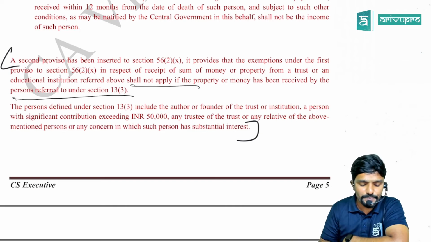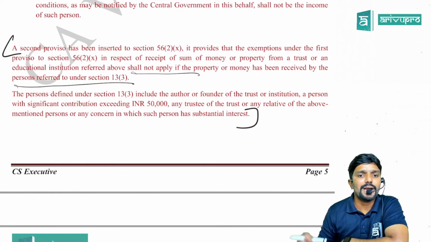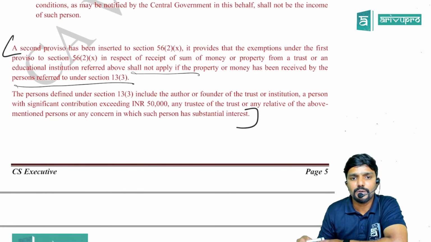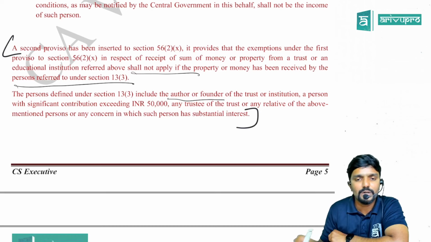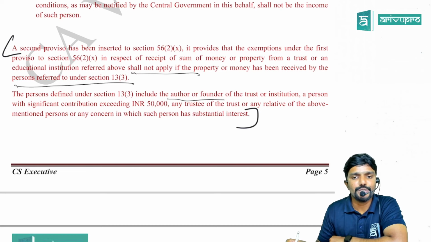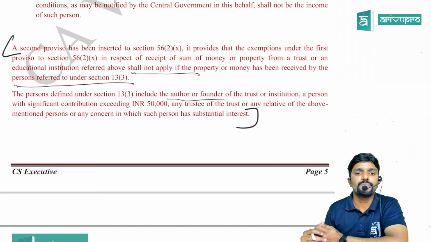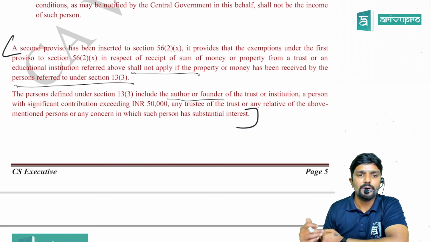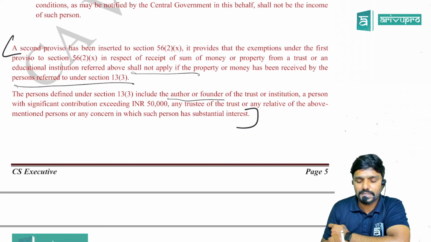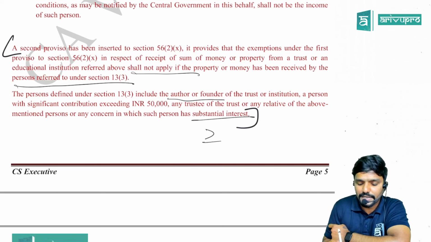Who are those? Persons defined under section 13(3) include the author or founder of the trust or the institution, a person with a significant contribution exceeding 50,000, any trustee of the trust, or any relative of the above mentioned persons, or any concern in which such a person has substantial interest.